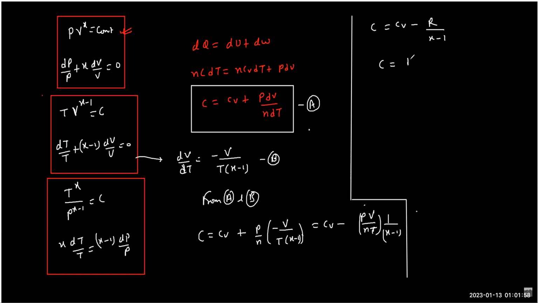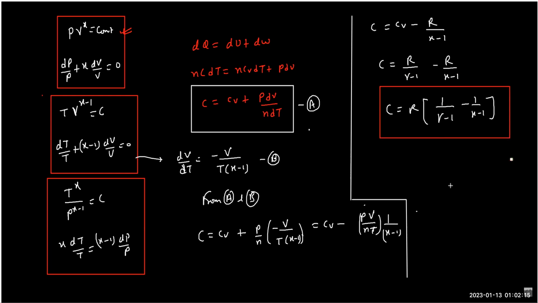But Cv itself is R/(gamma-1). So C is actually R into [1/(gamma-1) minus 1/(x-1)]. And this is what you must remember. This is the most important relation.